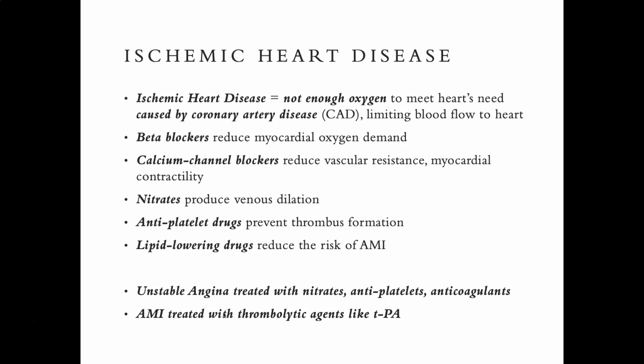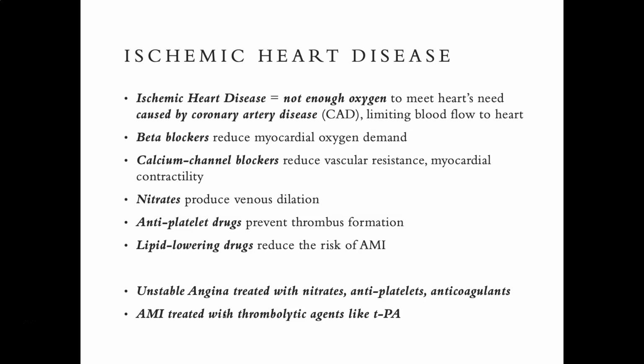And then I need you to know that ischemic heart disease is treated by beta blockers, calcium channel blockers, nitrates, antiplatelet drugs, and lipid-lowering drugs. You don't necessarily need to know what they all do. I just want you to know what ischemic heart disease is and what types of drugs are used to treat it.